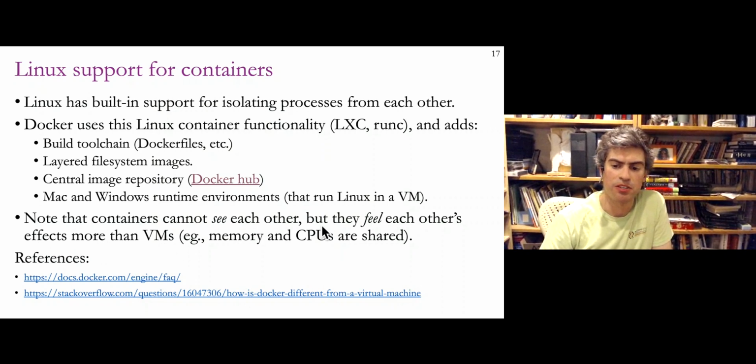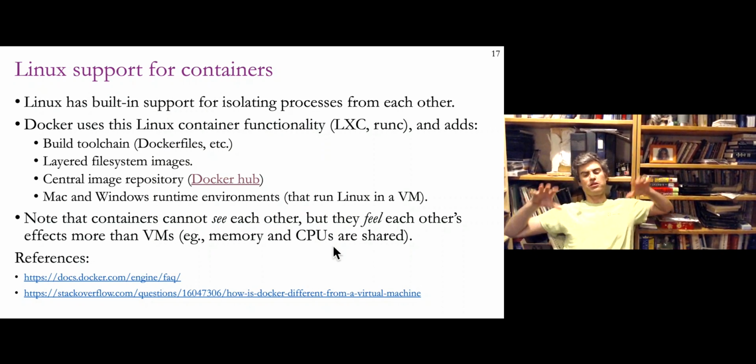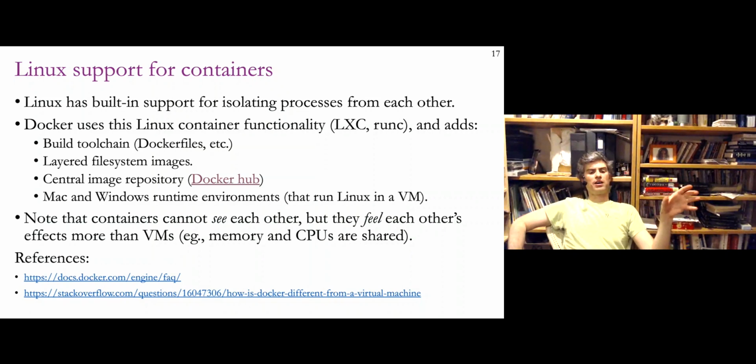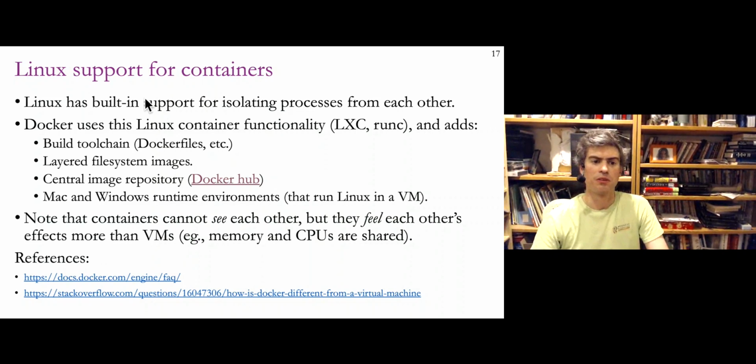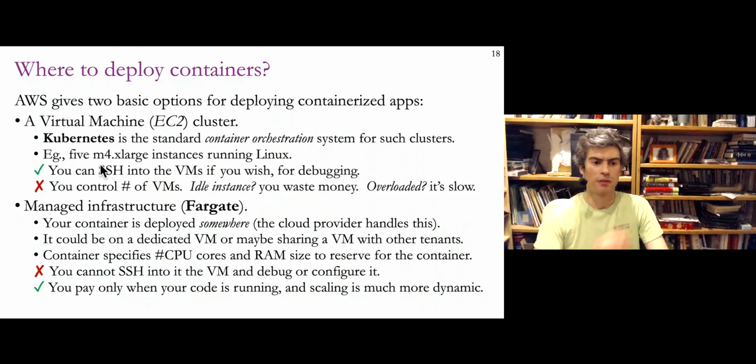So the containers are isolated from each other, but unlike virtual machines, they kind of feel each other's effects because they share memory and CPU. So if we have two containers and one of them, let's say, has a memory leak, it would actually affect the other containers. So there's less isolation than with virtual machines, but the performance benefits are significant.